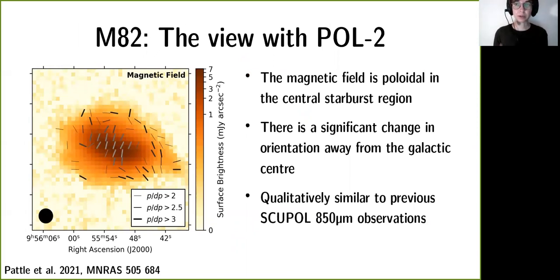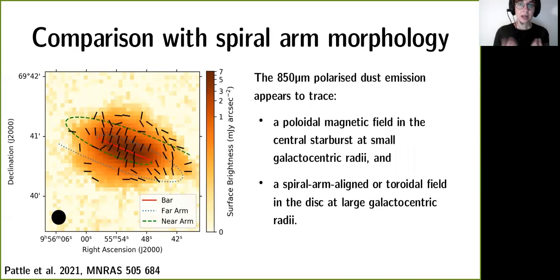When we look with Pol 2, so we're now at 850 microns, well into the submillimetre, looking at a much colder dust component than HAWC+ sees, we still see a magnetic field in the outer galaxy that's significantly different from that in the galactic centre, and broadly perhaps concentric around the center. Whereas in the central starburst region, we see the same poloidal magnetic field that HAWC+ sees. So how do we interpret this?